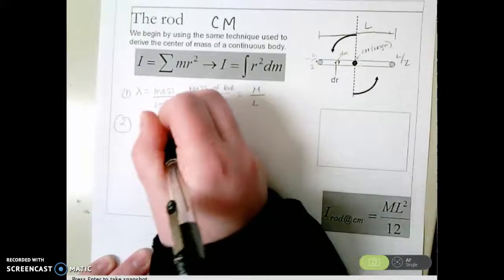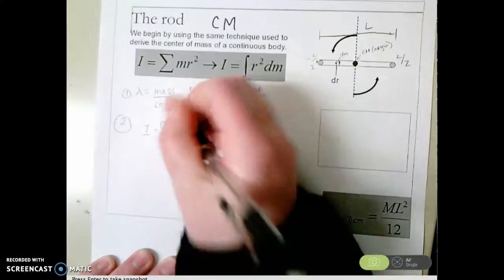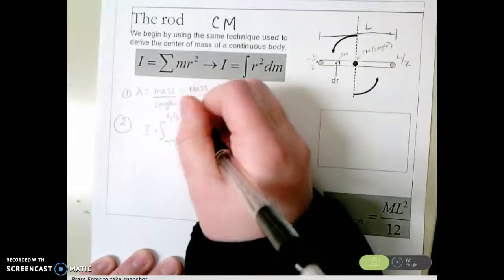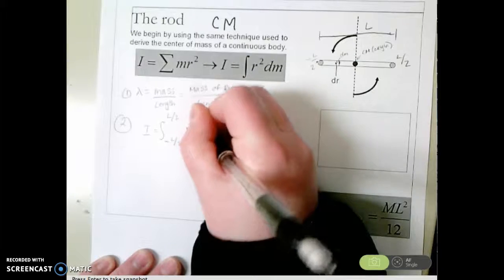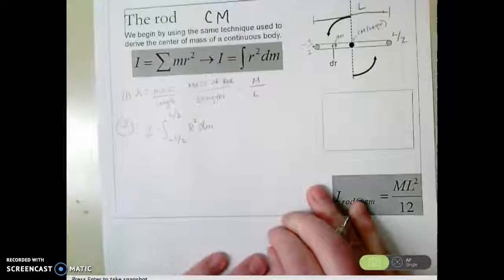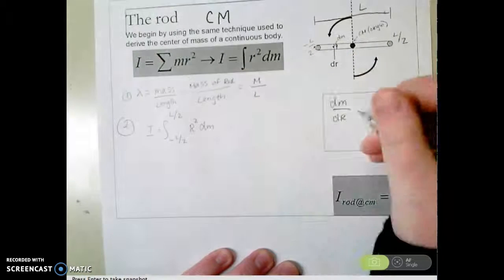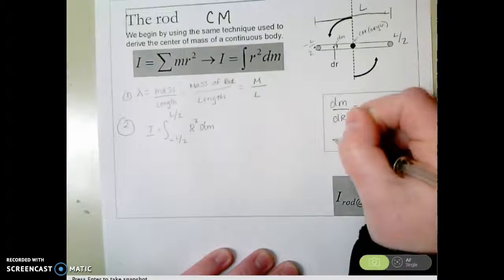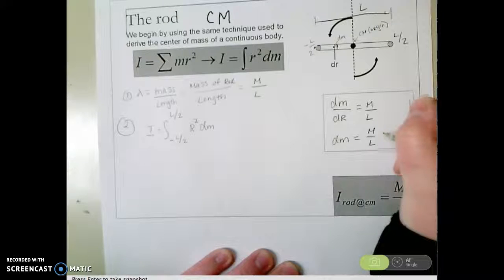Our integral will be from negative L over 2 to positive L over 2, of r squared dm, but we have to make dm be in terms of dr because we want to integrate with respect to dr. So we can say that the ratio dm over dr is going to equal m over L. Therefore, dm is equal to m over L dr.